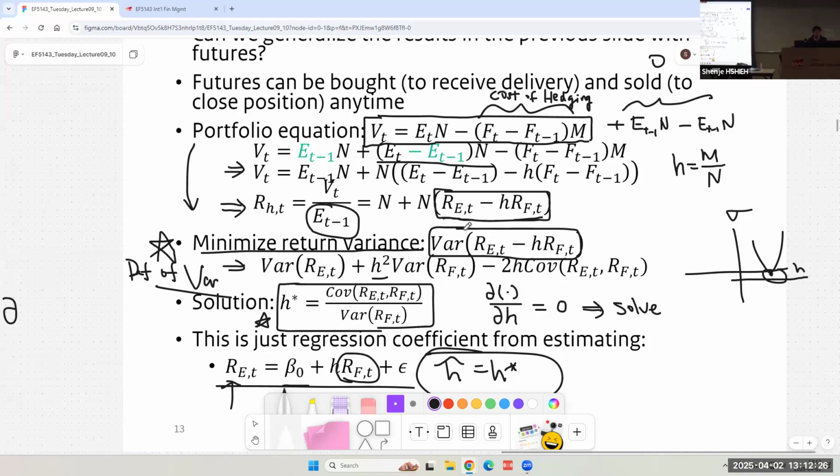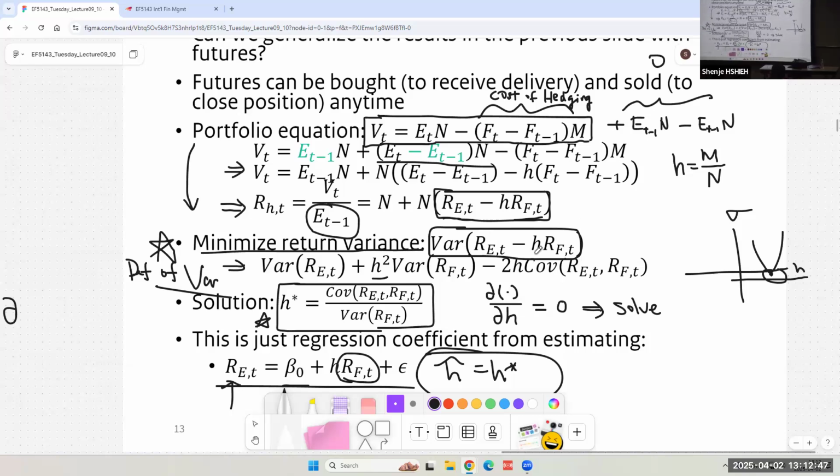The variance of something plus a constant, the constant is irrelevant. And the constant that's multiplicative is just factored out and again becomes irrelevant because I'm choosing a parameter that minimizes the entire expression. So I can just focus on the difference R_E,T minus h times R_F,T.